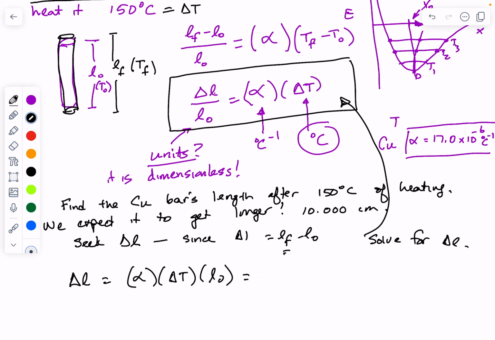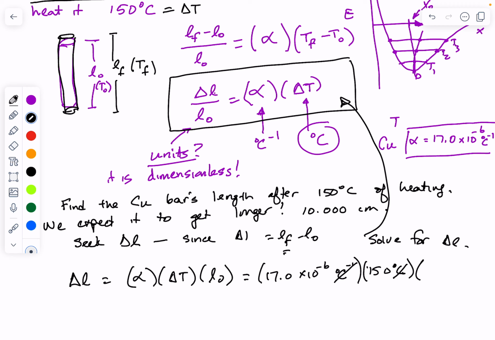Okay, and now we just got to plug in our numbers. So we're going to have 17.0 times 10 to the -6 degrees C to the -1. That's our coefficient of thermal expansion. We're going to multiply by 150 degrees C. Notice how these two units are going to cancel out.